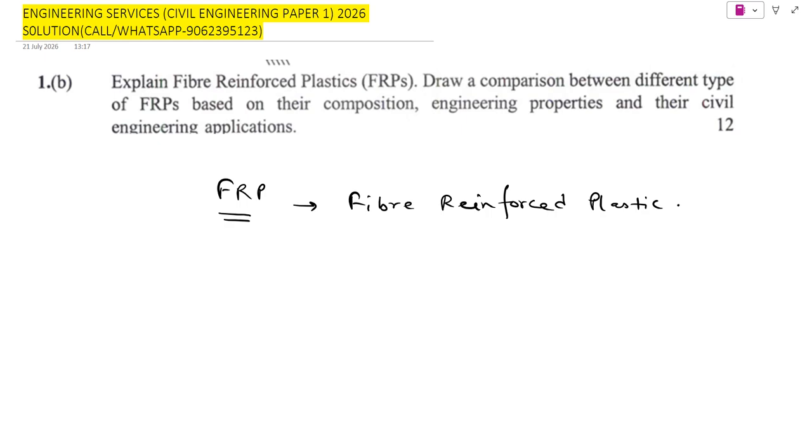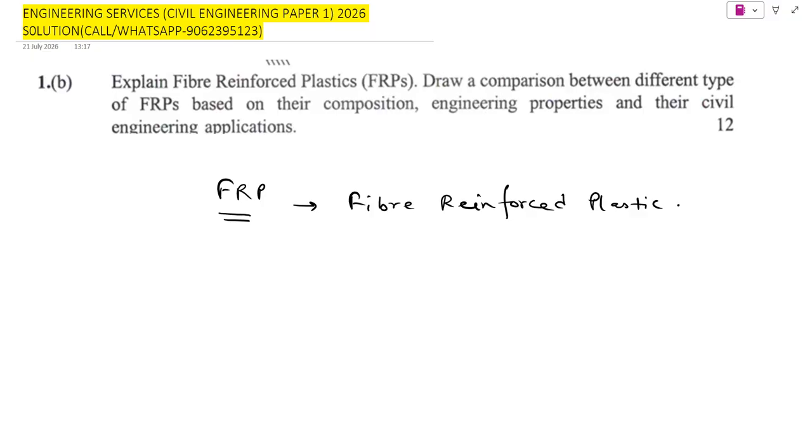Concrete alone is weak in tension, and steel bars provide tensile strength. Similarly, plastic alone is weak and fibers strengthen the plastic. So FRP is to plastic what steel is to concrete. Remember that.